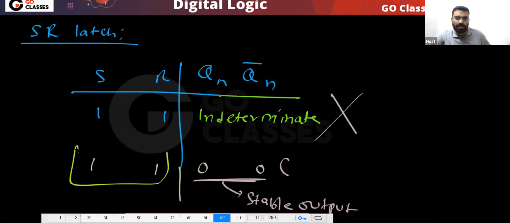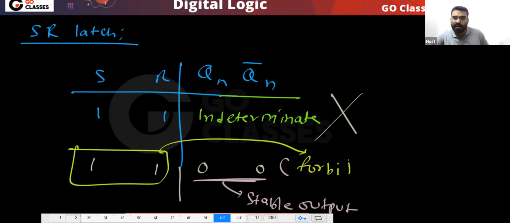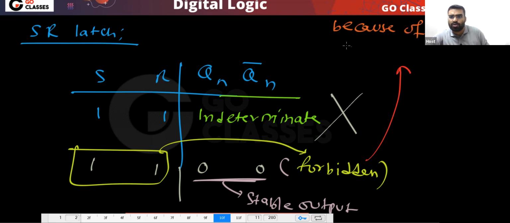This input combination is forbidden, and the reason is not this 1 1, and not this 0 0. The reason for forbidden is this transition. Remember this point, it is very important. It is forbidden because of the 1 1 to 0 0 transition. Do you remember? We have already seen this.